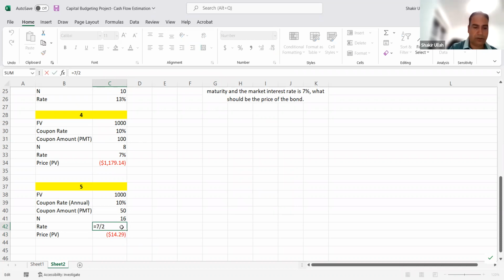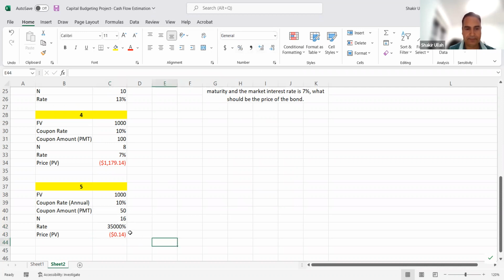And let's do our own percent here. Yeah, that's correct now. You see that? 3.5%.